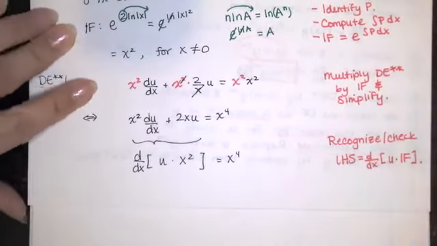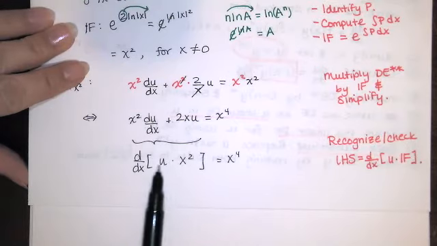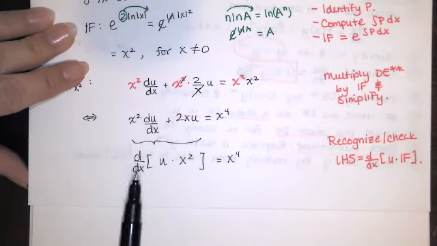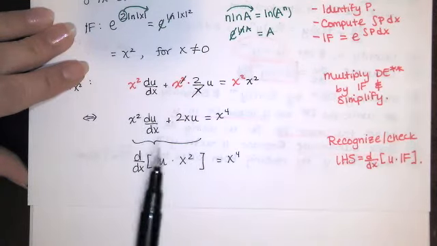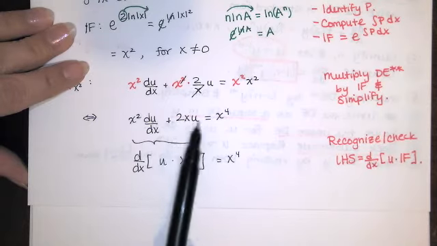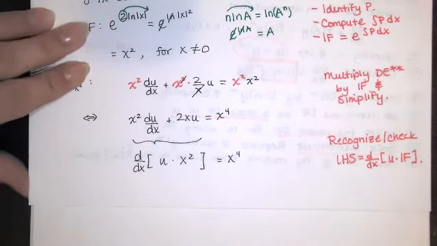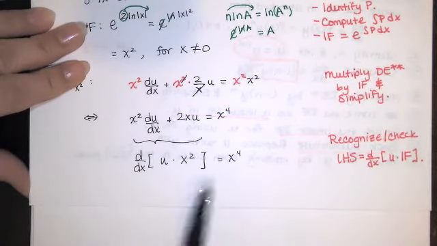Now, let's check. This is a product. This is a function of x times a function of x. If I take the derivative of this product, I should get derivative of the first times the second. So that's that. Good. Plus the derivative of the second times the first. Derivative of the second is 2x, and we're multiplying by u, so we're good. So we've checked it out. It actually does equal what it's supposed to equal, and that's good.